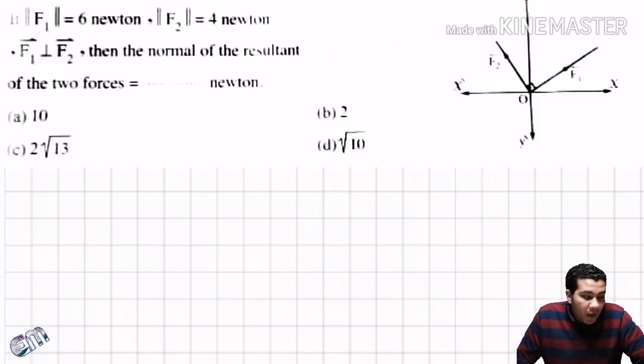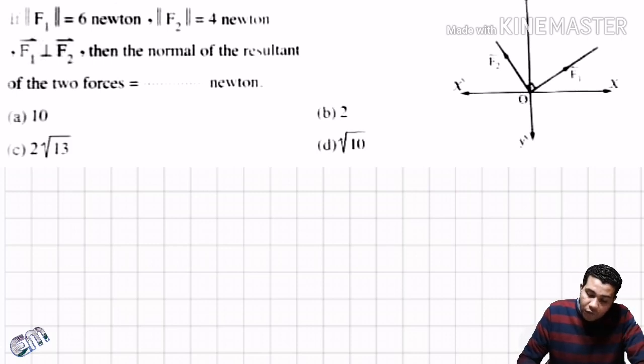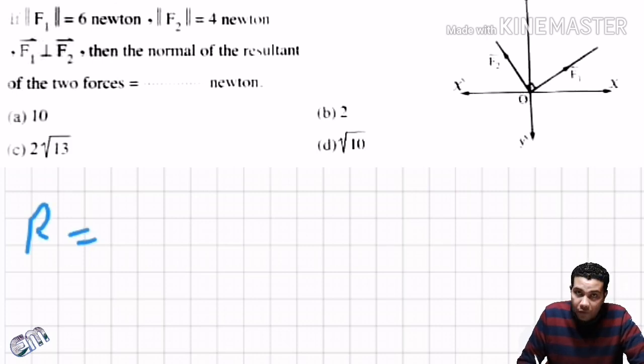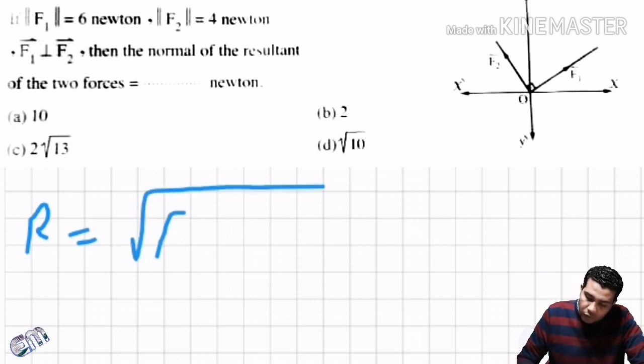Example number 3. If the norm of F1 equals 6 Newton and the norm of F2 equals 4 Newtons and F1 perpendicular to F2, find the norm of the resultant of the two forces. If we have two forces and the two forces are perpendicular, therefore R, the resultant of the two forces, equals square root of F1 power 2 plus F2 power 2.